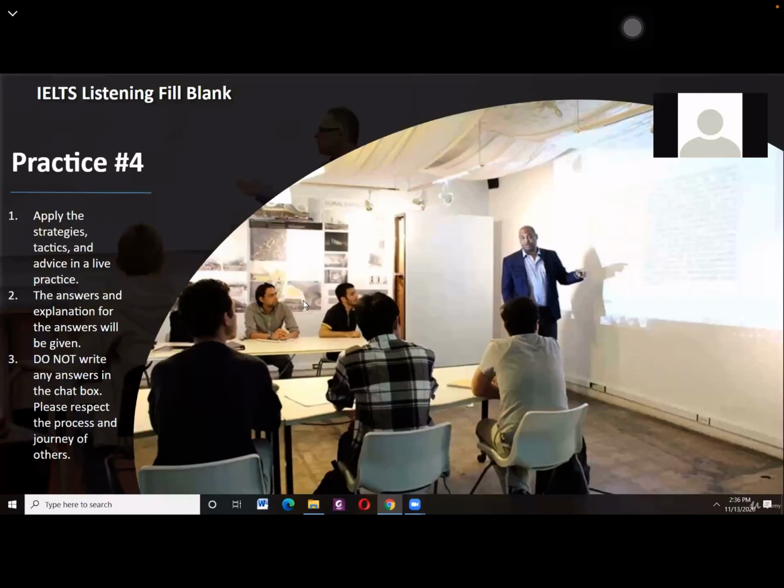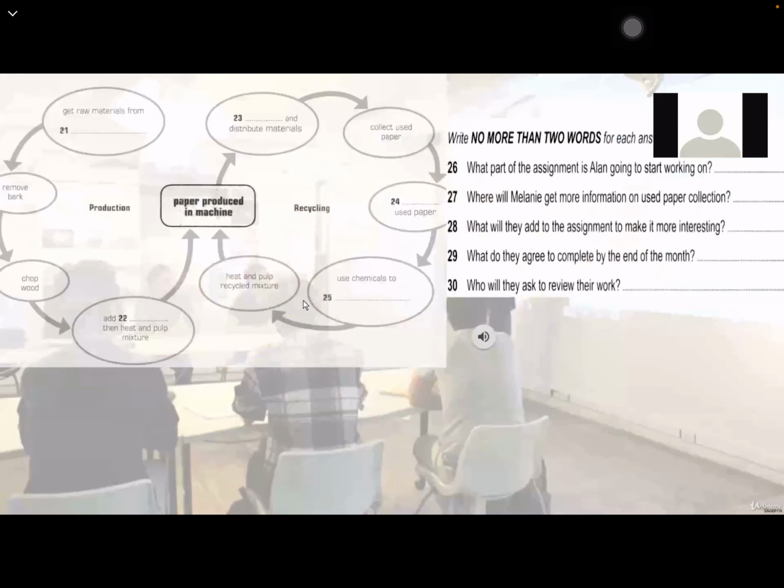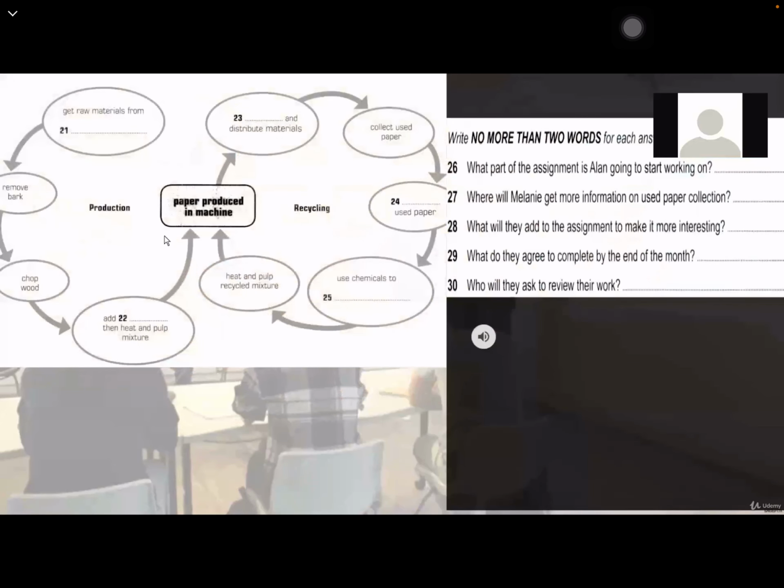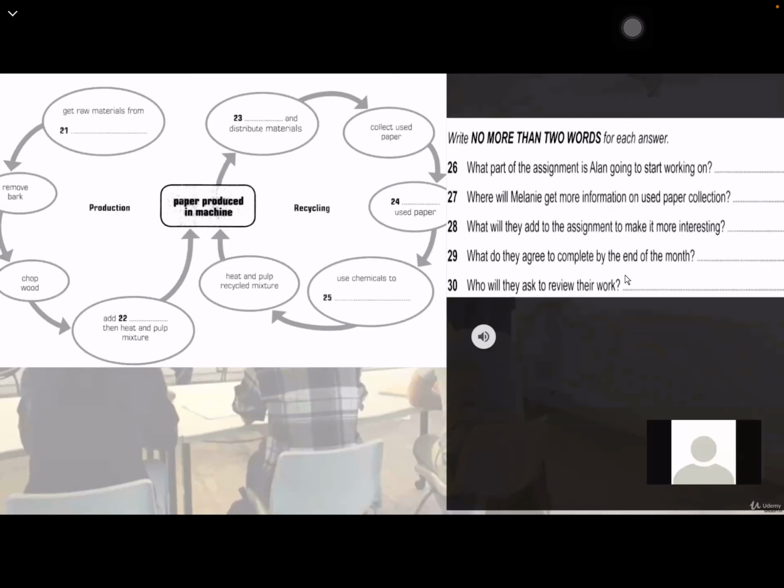For practice number 4, we're answering 2 parts, actually. You're answering the diagram, filling in the blanks of the diagram, 21, 22, 23, 24, 25. And then you are also answering the short answer questions, right?